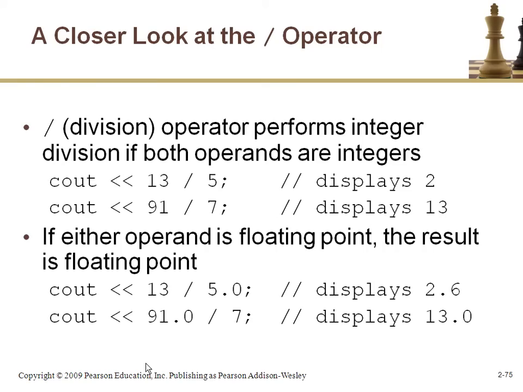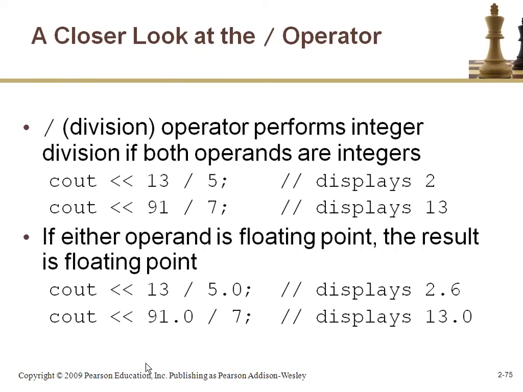Now let's look at the other two examples. If either operand is a floating point, then the result would be floating point. In the previous examples, when both were integer, the result was of integer type.